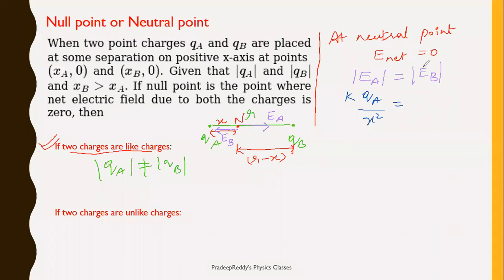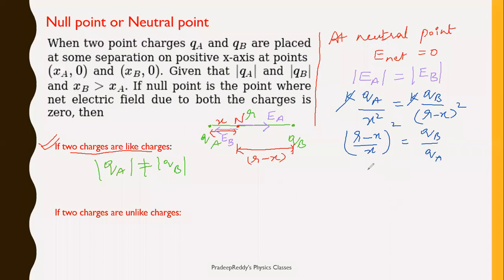This should be equal to the field due to B, that will be KQB divided by the separation here, which is R minus X whole square. Now K and K get cancelled. It is R minus X by X whole square is equal to QB divided by QA.